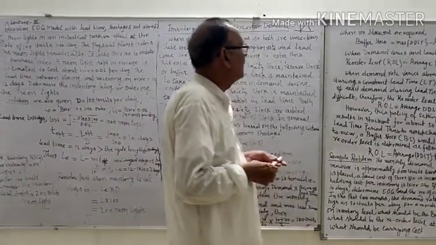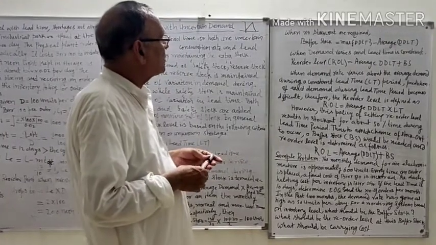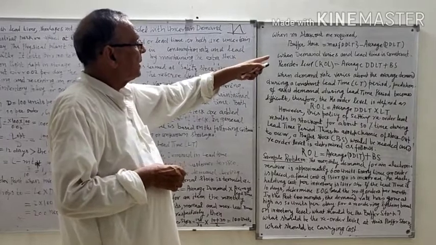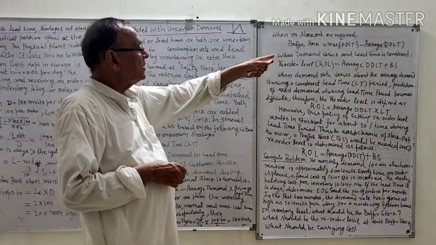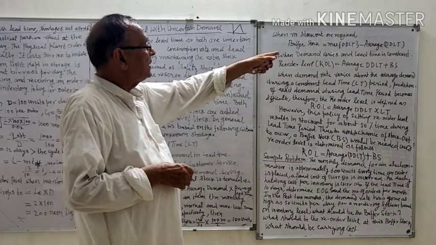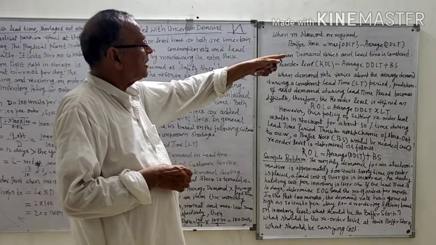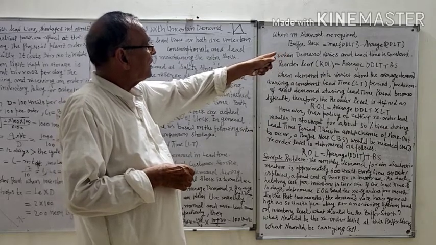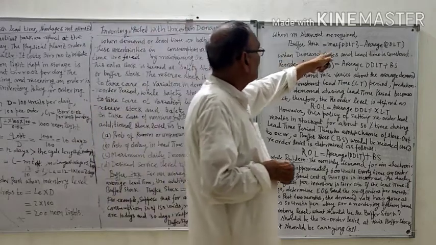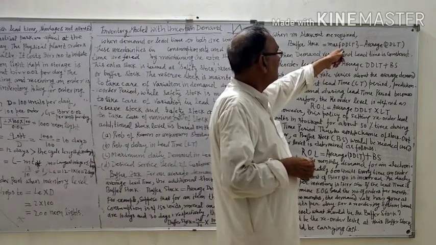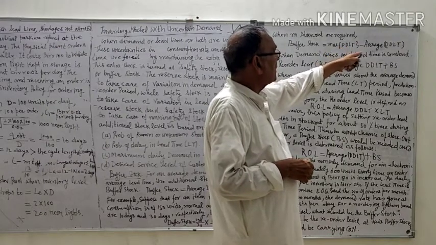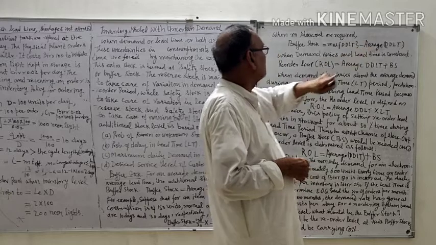Now, when no stock outs are required, buffer stock is equal to maximum demand during lead time minus average demand during lead time.